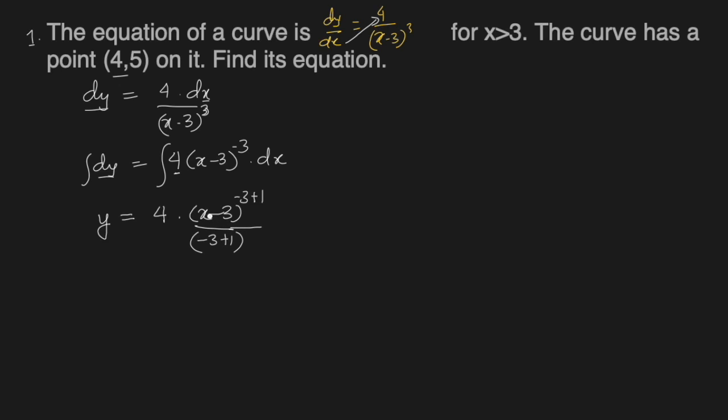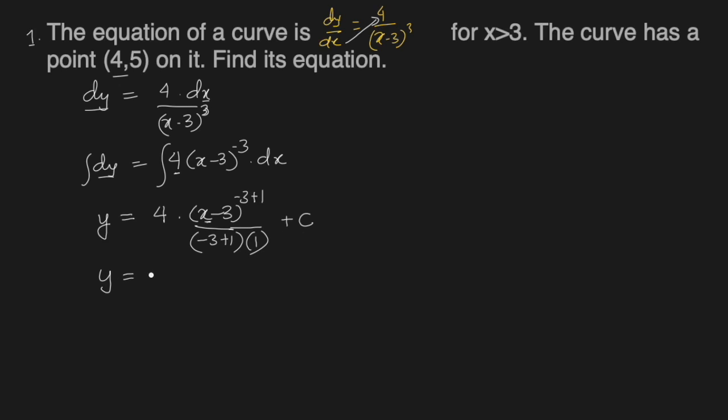Further, we have to divide by the differentiation. Mind it, differentiation, not integration, of x minus 3. Differentiation of x will be 1. Differentiation of minus 3 is 0, so no need. This one is not going to make any difference, but we should have a habit of dividing it, and then we add plus c.